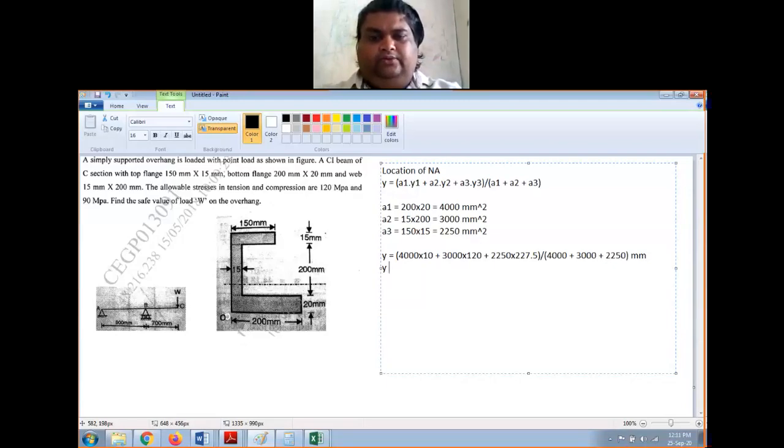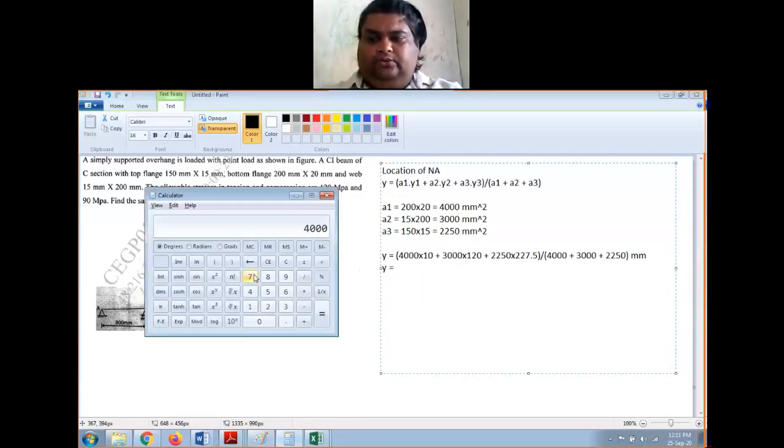Y bar is equal to, let me calculate this, 4000 into 10 is 40,000, plus 3000 into 120, plus 2250 into 227.5.